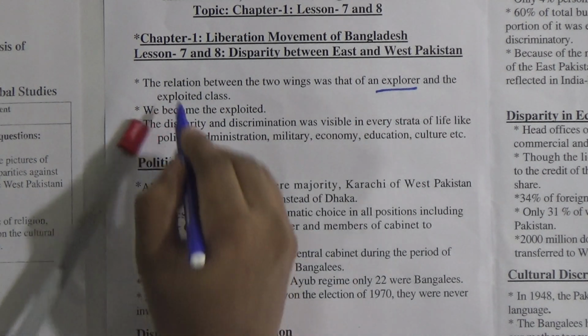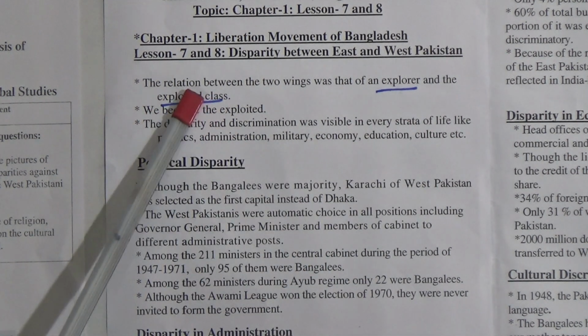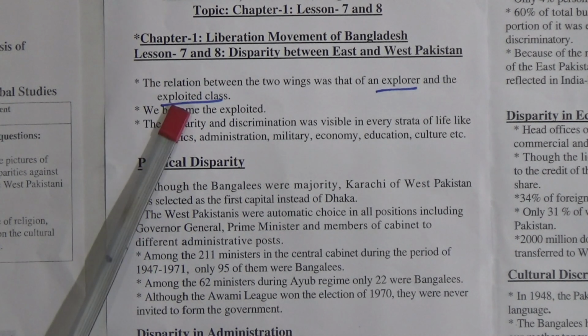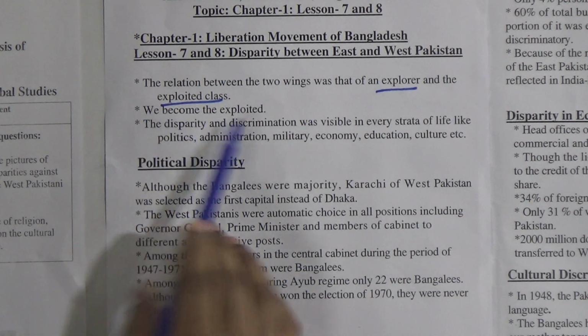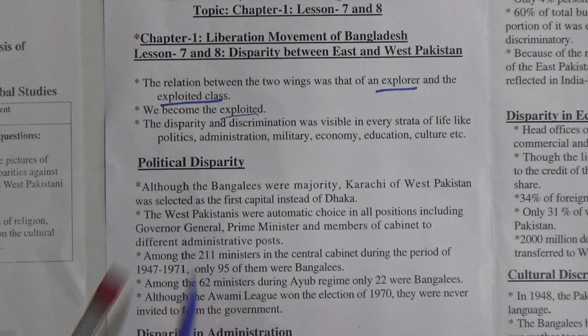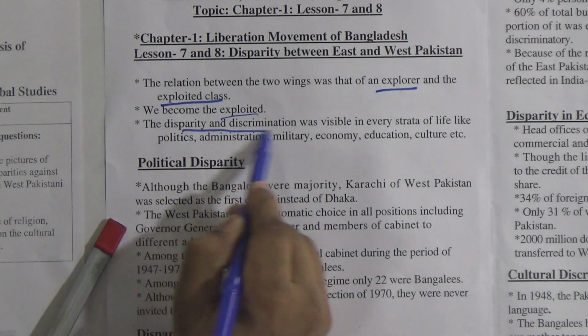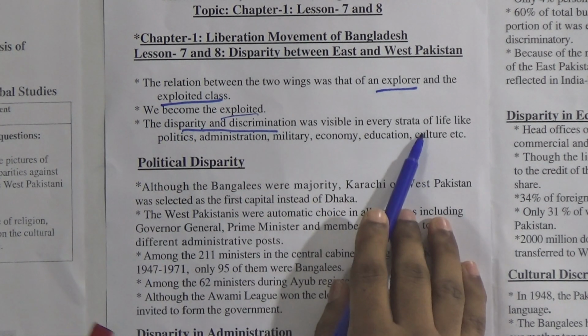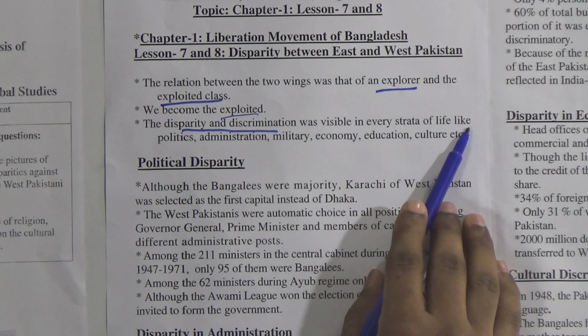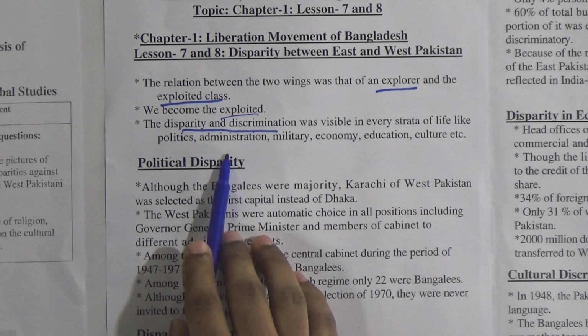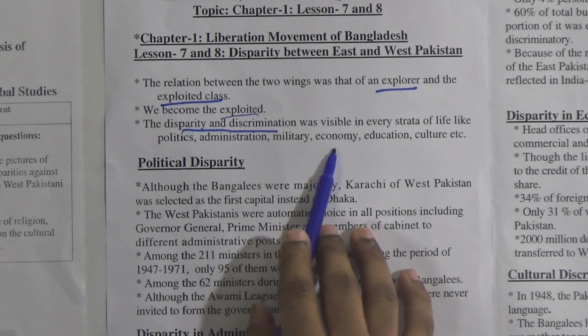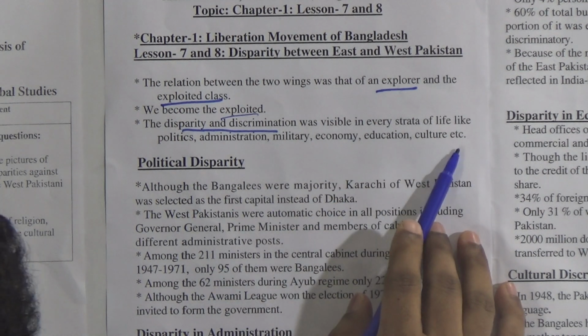And the exploited class, we the Bengalis, were the exploited class. We became exploited. And the disparity and the discrimination were visible in every stratum, in every sphere of life, like politics, administration, military, economy, education, culture, etc.